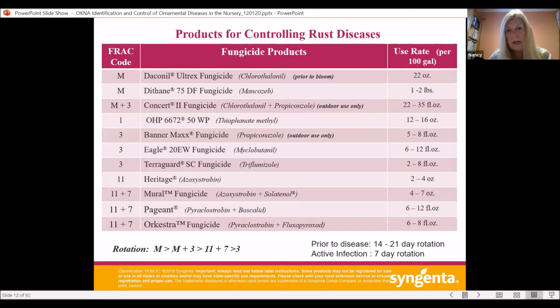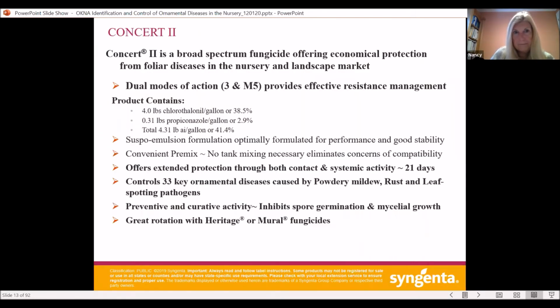So you're best getting something on preventatively to keep it out rather than trying to fight the battle once it comes in. I just wanted to tell you a little bit about some of these newer products that you may not be aware of. I mentioned Concert 2. It is a broad spectrum fungicide that is composed of 2 active ingredients: chlorothalonil, which is in Daconil, and also propiconazole, which is Banner.